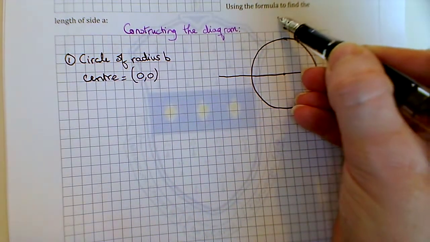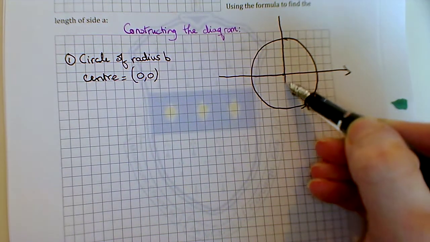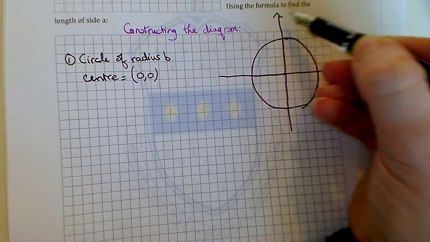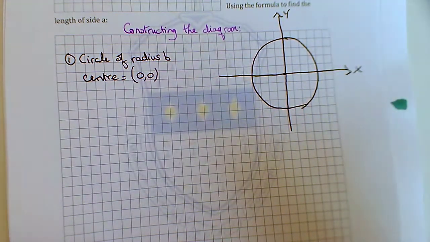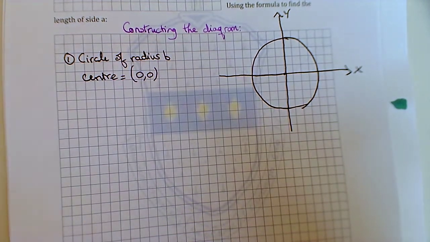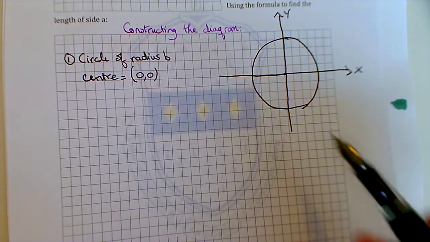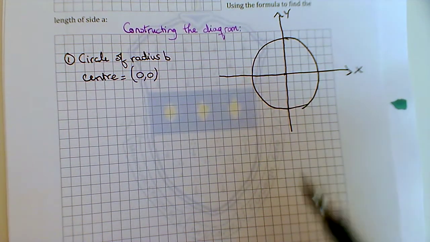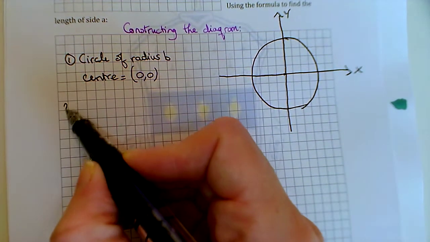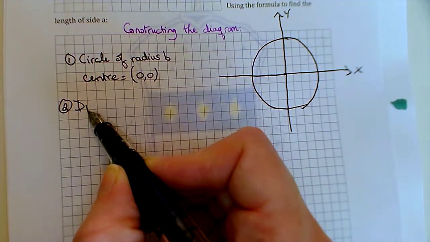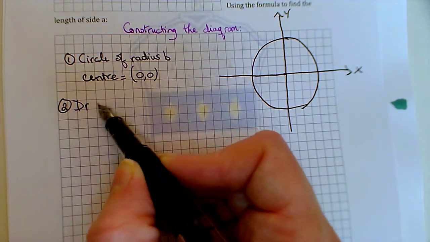So we'll do a cross through it. My x and my y axes are going through the center of the circle like that. The next thing we want to do is draw a triangle inside this circle. And we're going to draw the triangle so that the angle A is at the center at 0, 0.